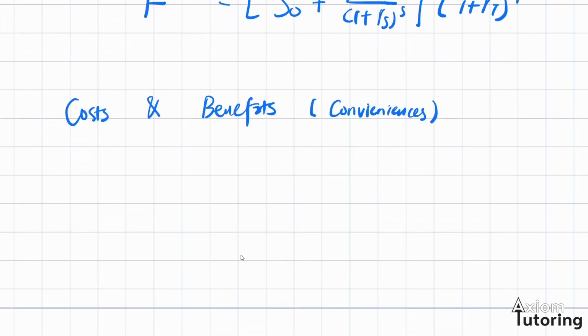Okay, so we're just going to combine both the costs and benefits to derive the forward price on an underlying asset that gives you both costs and benefits.